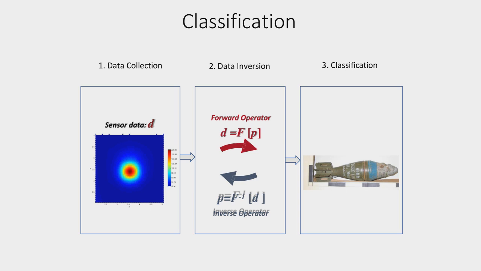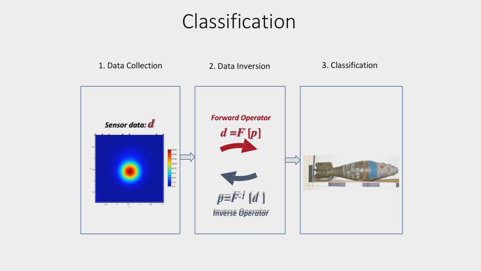So now, when we say classification, you can look at the problem and divide it into three main categories. First, we need sensors that will provide high fidelity data. Then we need signal processing, which we call data inversion. We take the data, apply physics-based models, and extract target feature parameters.